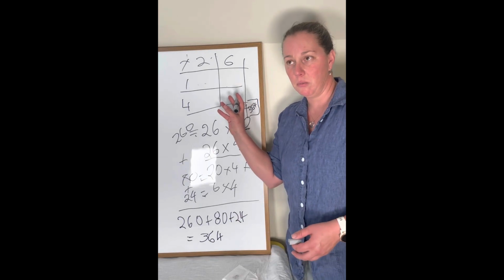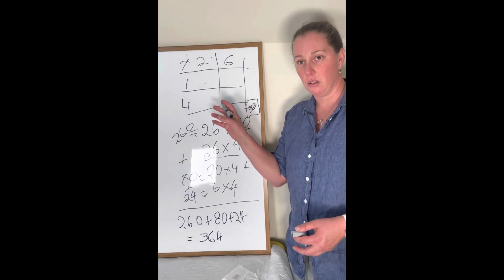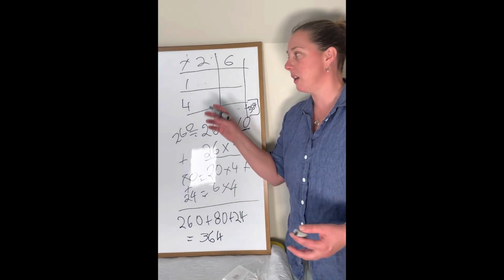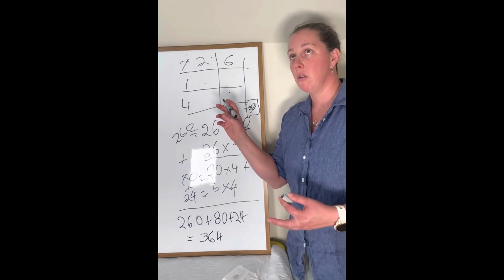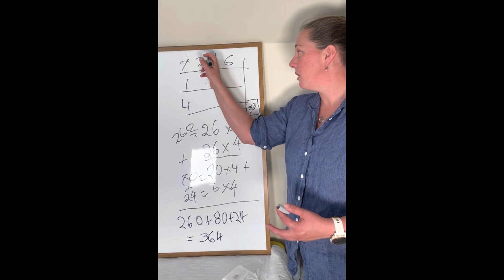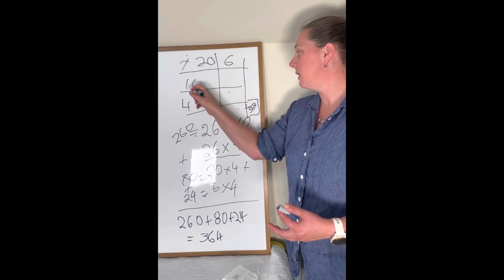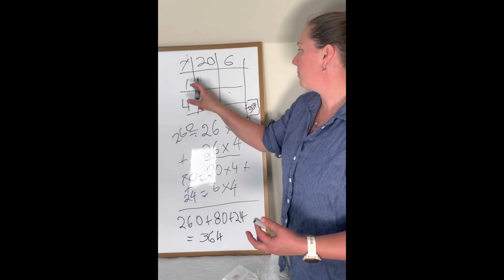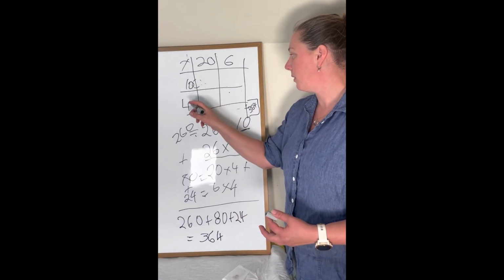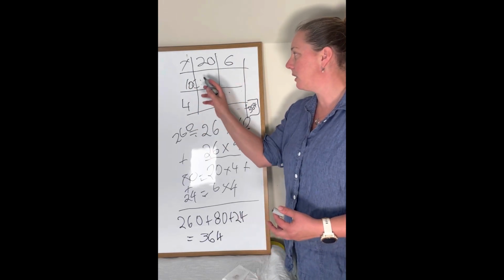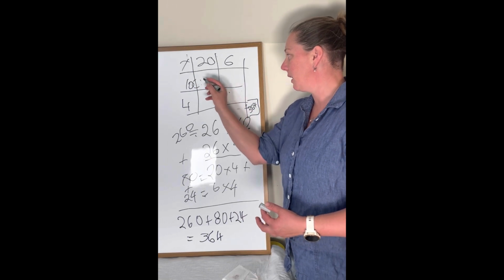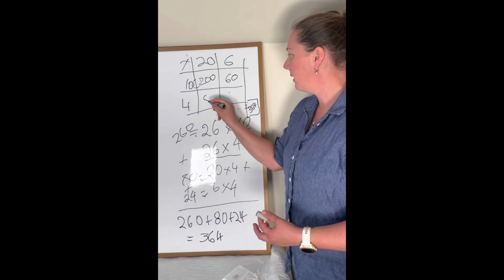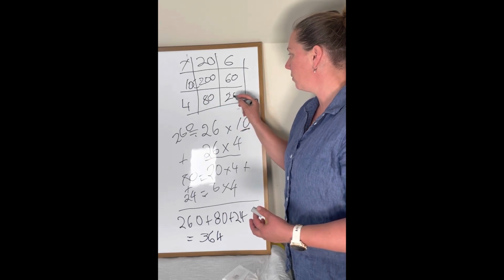That's teaching them to just follow a process and draw into an array. This is actually teaching them what that array is. So arrays are really helpful because you can go, well, this is 20 and this is 10. Sorry, that should have a line. That's my 10. For my 14, that's my 26. I can start working out, that's 200, that's 60, that's 80, and that's 24.